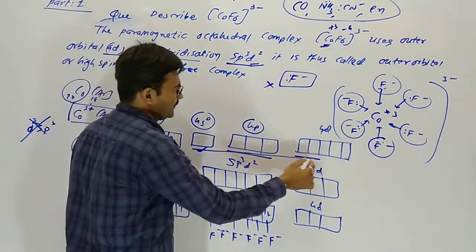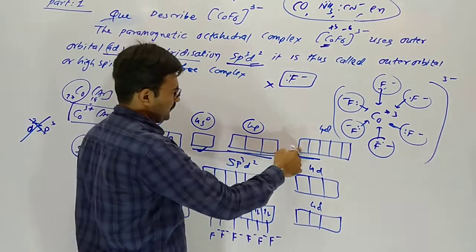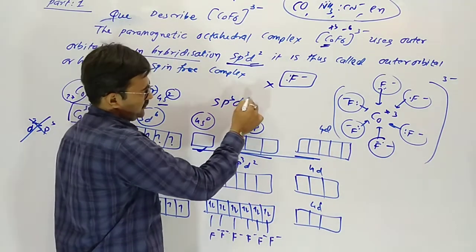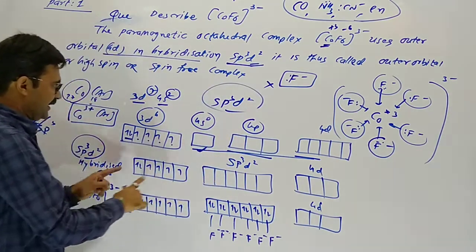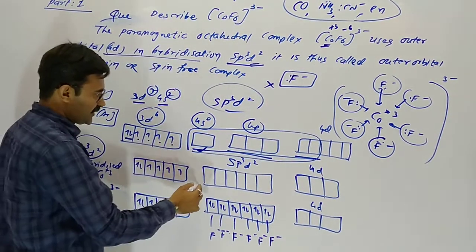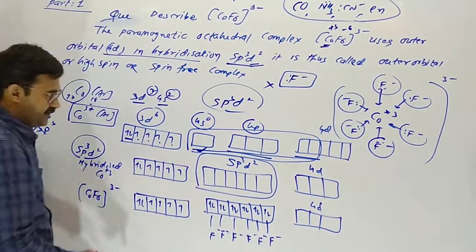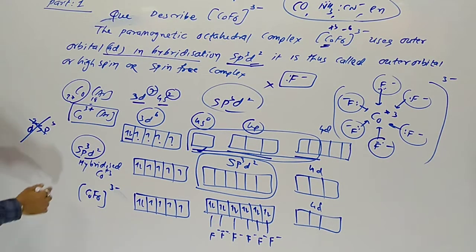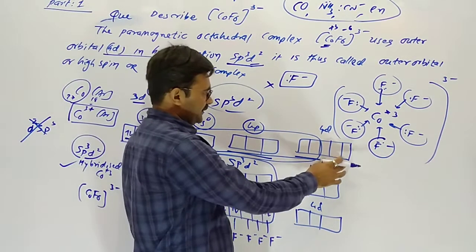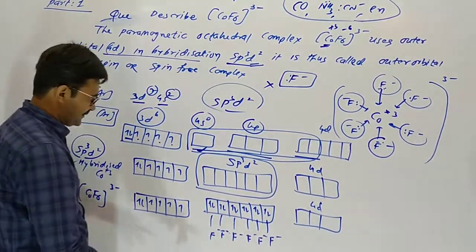That makes 6: 1, 2, 3, 4, 5 and 6. The 1s, 3p and 2d are used in hybridization, and these 6 combine and make 6 sp3d2 hybridized orbitals, and three 4d remain vacant.